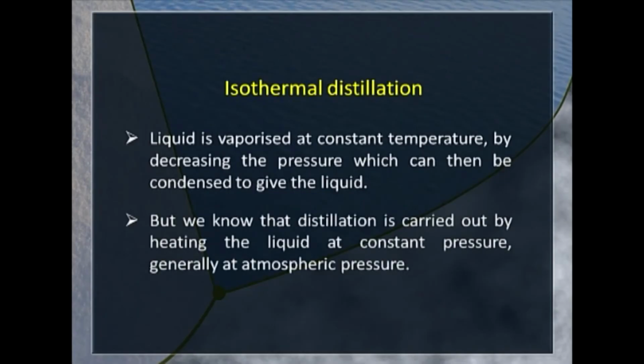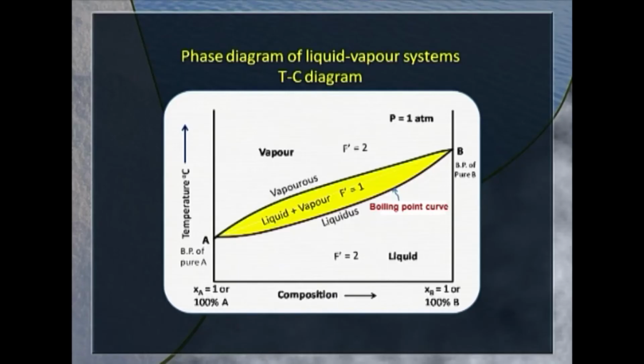But we know that distillation is carried out by heating the liquid to its boiling point at constant pressure, and that's what we are interested in, for which we need to study TC diagrams, which are more useful than PC diagrams. Look at this. This is exactly the mirror image of the PC diagram. Liquid A had higher vapor pressure, therefore it shows a lower boiling point.